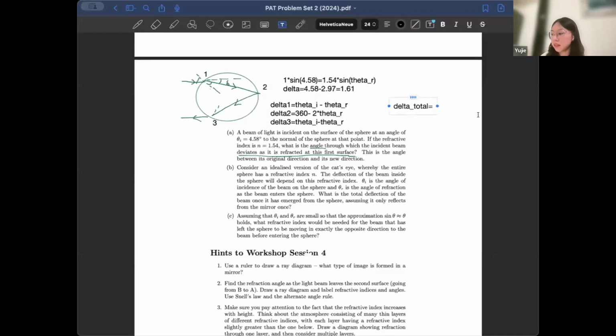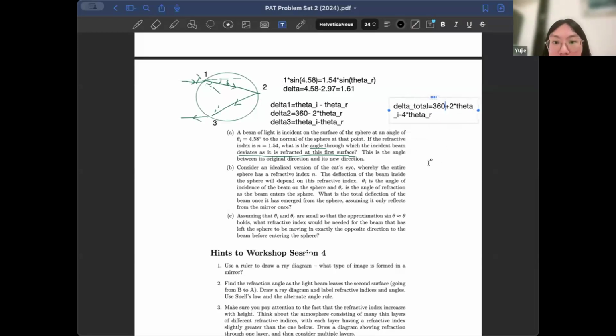It will be the sum of the 3, which is 180 plus 2 times theta I minus 4 times theta R. Check. I think it should be 4. Yeah.